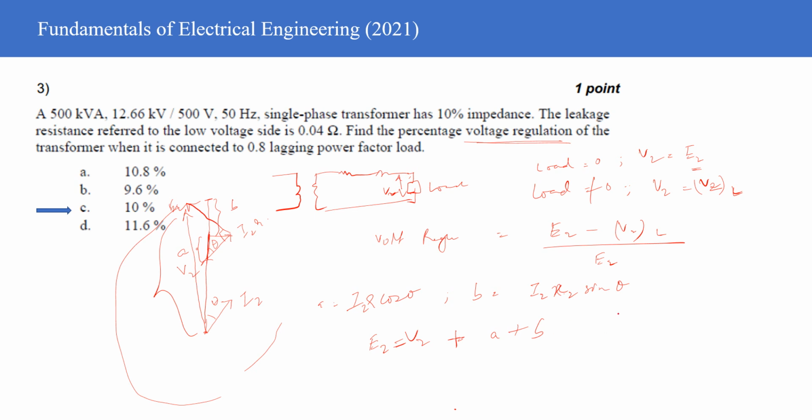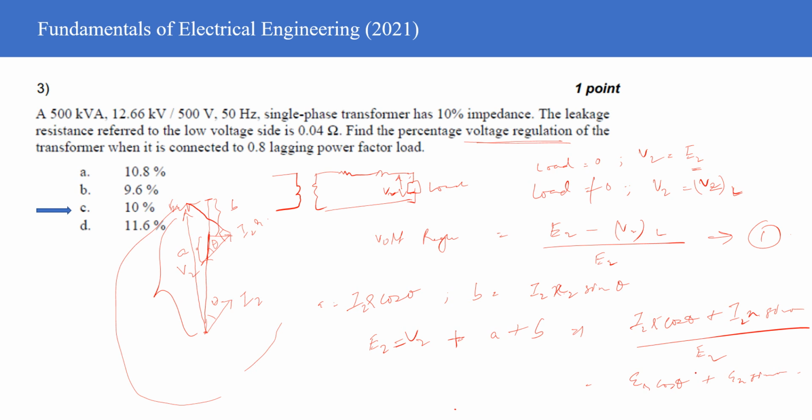Now from here I can deduce this particular equation, right? So this equation will in that case be nothing but I2R cos theta plus I2X sine theta divided by E2. Now also from here you can write that this is nothing but ER cos theta plus EX sine theta. What is ER and EX? This is nothing but per unit quantity, right?